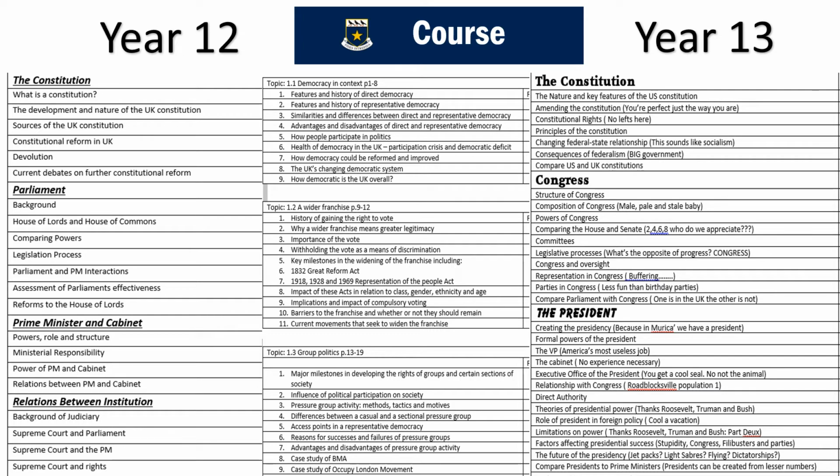We look at the Prime Minister and the Cabinet, their roles as the government, presenting bills, and how the opposition holds the Prime Minister and Cabinet to account. We look at the relationships between institutions, so we focus on the newly formed Supreme Court. That comprises a bulk of the content for UK government.